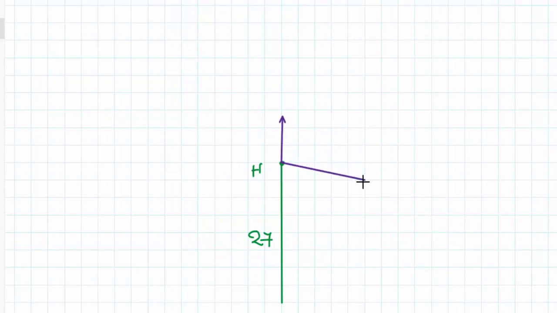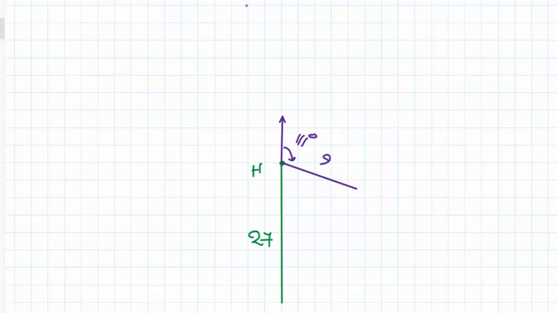So wider than 90, we can consider it as 111, but this one goes 9 meters. So we can say this is 9 meters. This angle is 111 degrees, and the other one has no angle because straight away it goes to south.